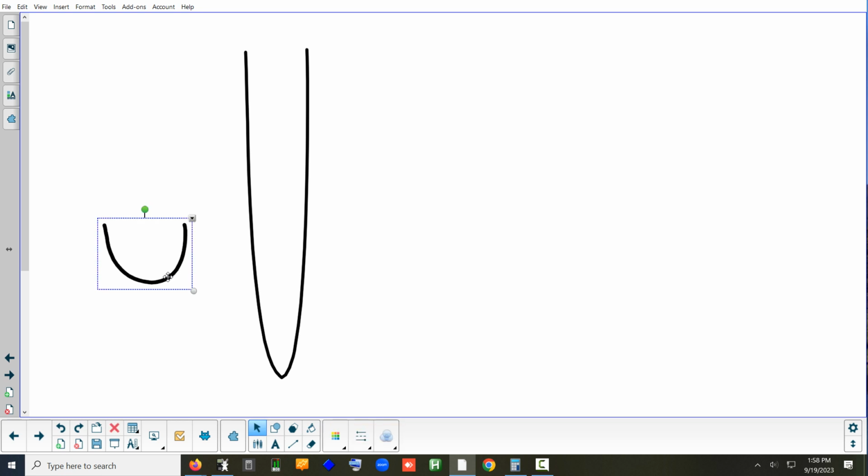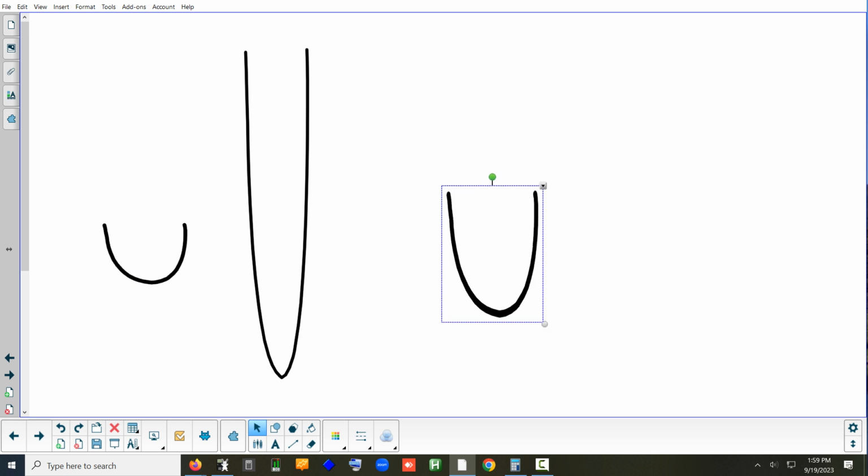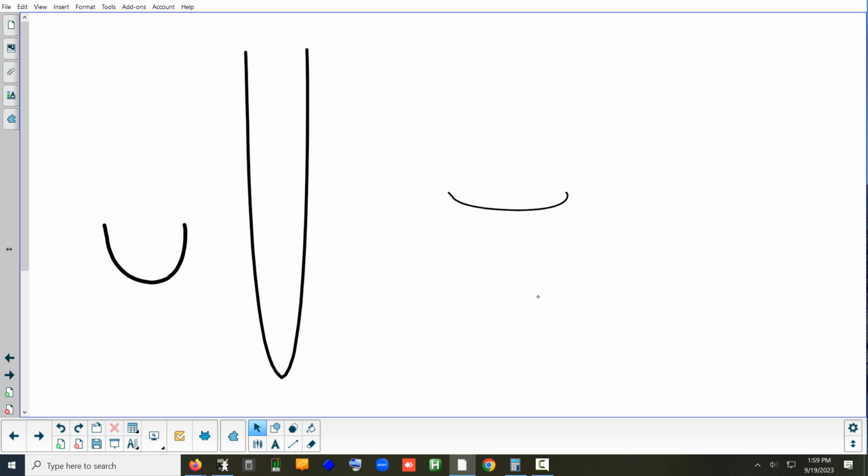If I take the same graph and compress it vertically, it starts to look wider. Just think of Play-Doh. If you compress it, what's going to happen? It's going to spread out, so it squishes out and gets wider. These are called vertical stretches. A stretch makes it taller and skinnier. A compression makes it shorter and wider.